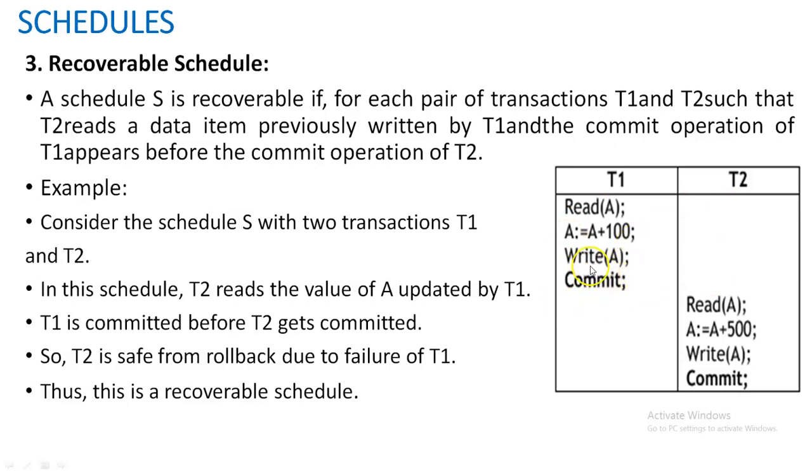So the last update, write A, has been permanently saved in your database. No change is going to happen in transaction 1. Depending upon this transaction 1, transaction 2 has started a process, so there is no chance of inconsistency in this data. This type of schedule is called a recoverable schedule.